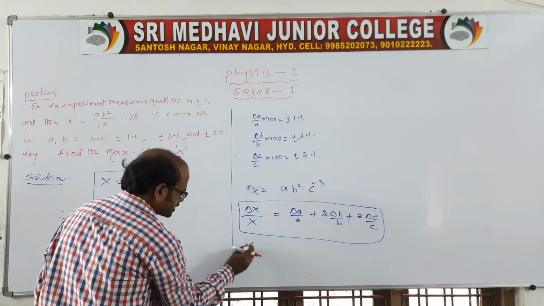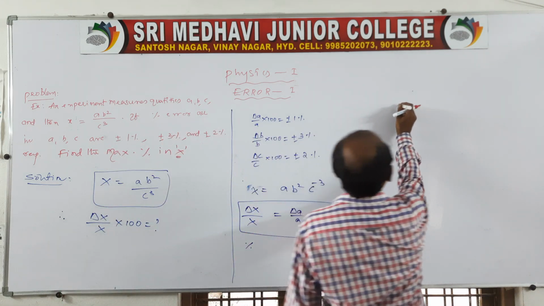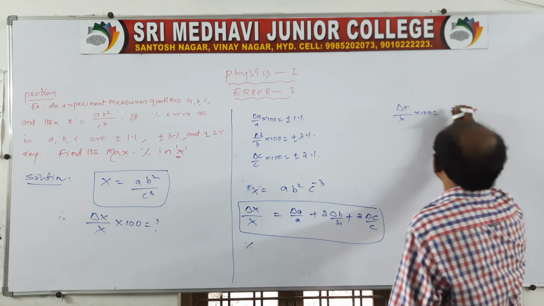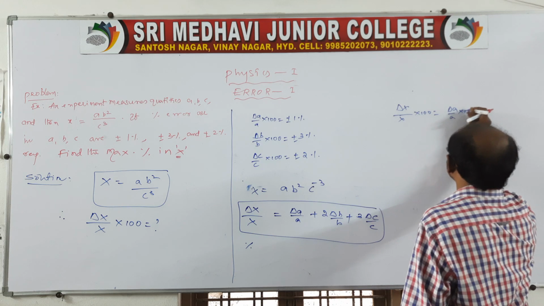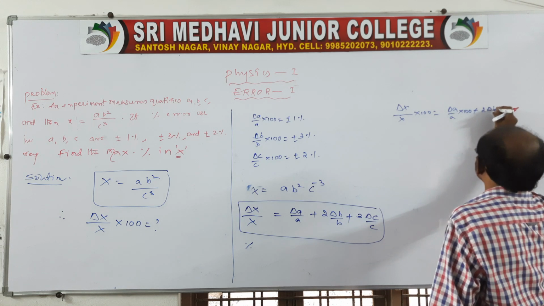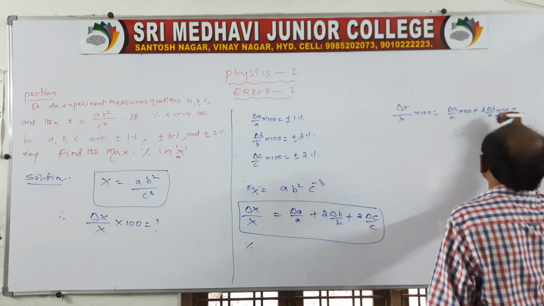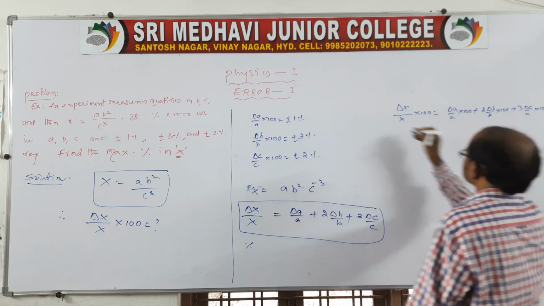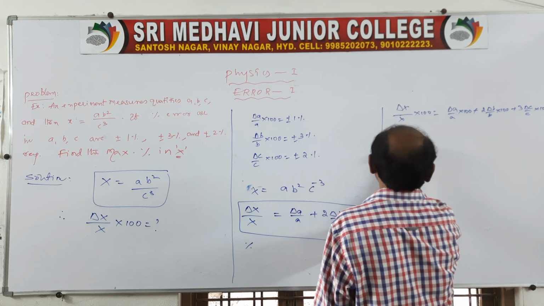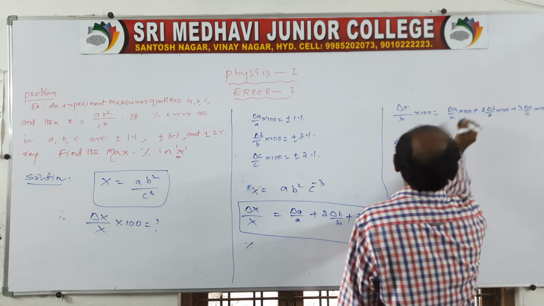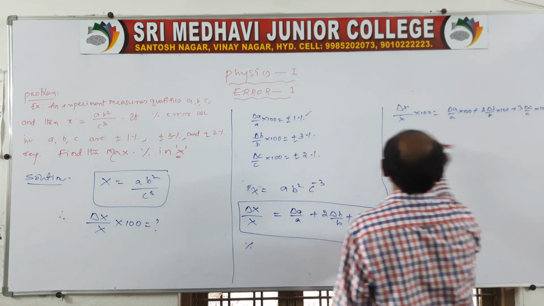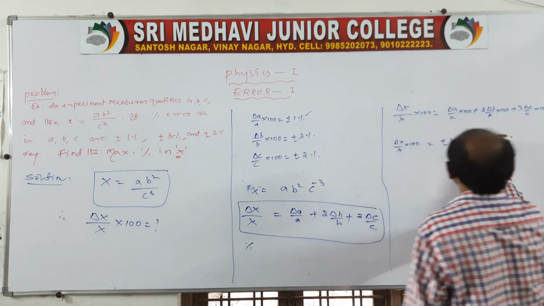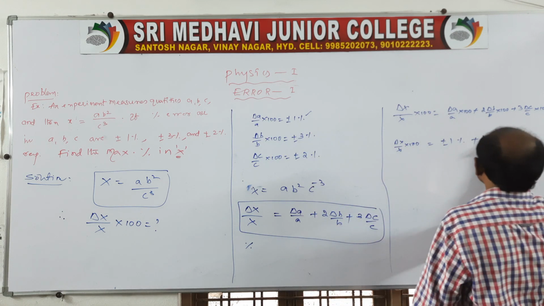Now to write a percentage error, you multiply with 100. Therefore delta x by x into 100 is equal to delta a by a into 100 directly, plus 2 into delta b by b into 100, plus 3 into delta c by c into 100. So delta a by a into 100 is given as plus or minus 1, and delta b by b into 100 is given as 2 into plus or minus 3%.